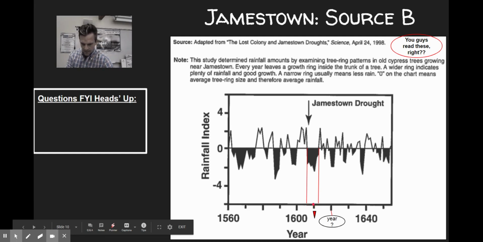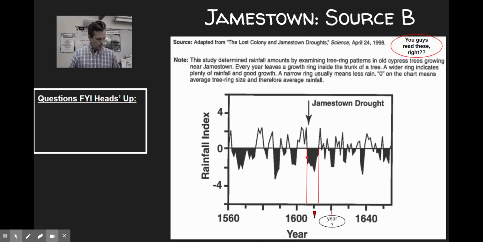And if this is 1610 and halfway in between 1610 and 1620, this would be about 15. Yeah, they're smack dab in that drought. The whole time that the settlers are trying to set up for that couple year period of getting their feet on the ground, they're definitely dealing with a drought. That's not an ideal time.